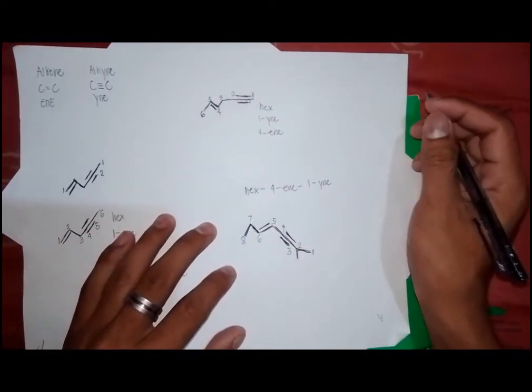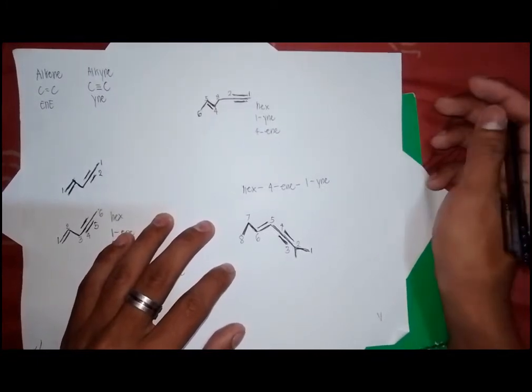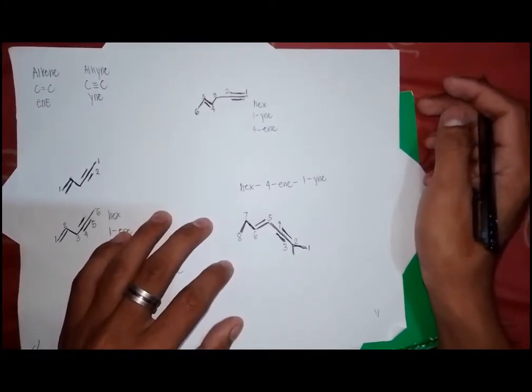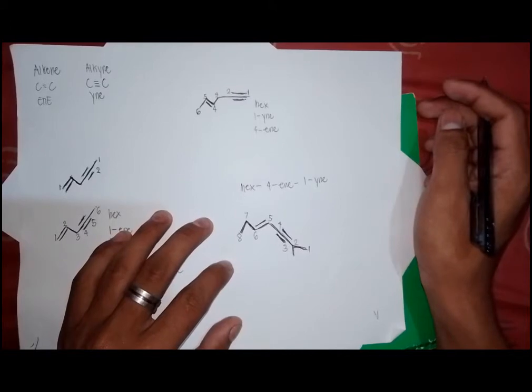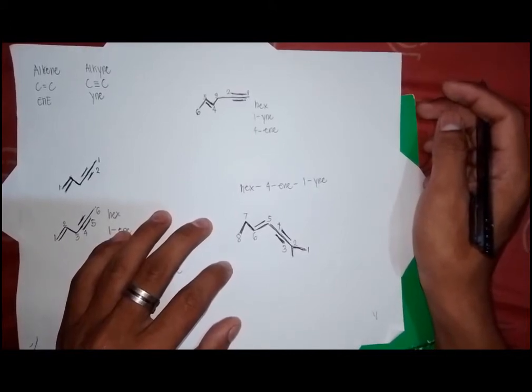Now let's put the name together. I have 8 carbons giving me a first name of oct.